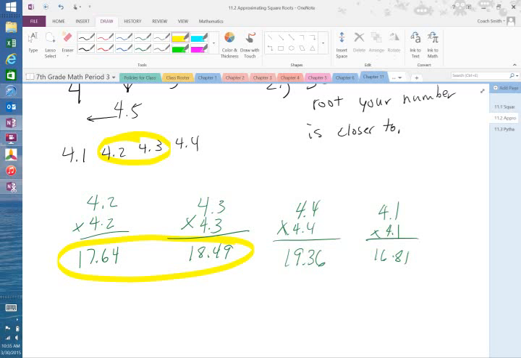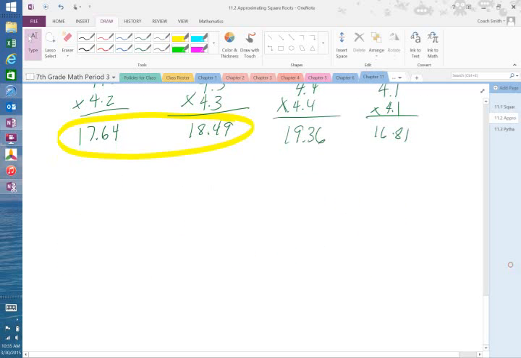Now give me the 17.64 or 18.49. Don't look at anybody's. Tell me what you think. Okay, so most of us are looking at 17.64.